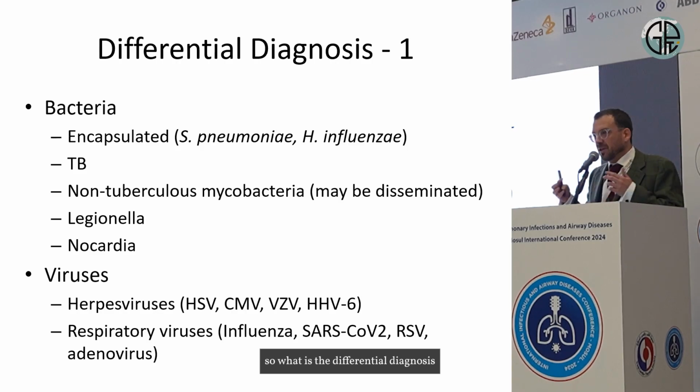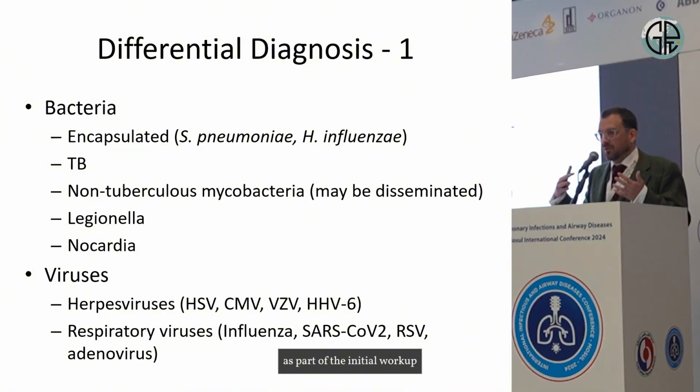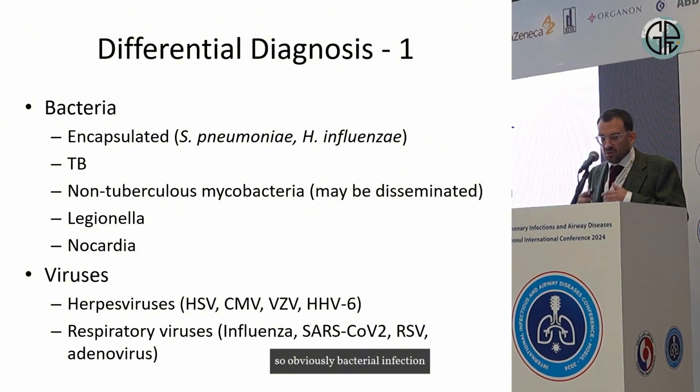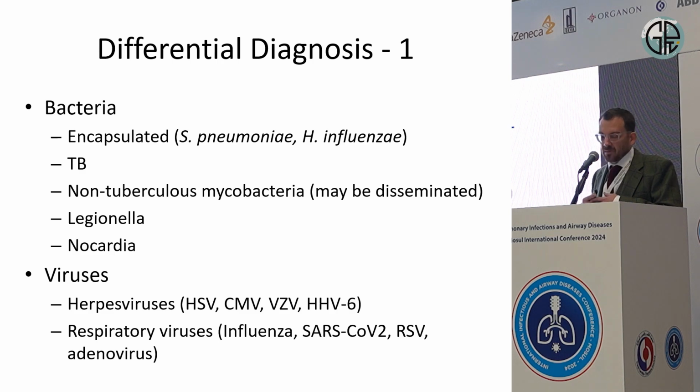So what is the differential diagnosis? This is not completely exhaustive, but this encompasses probably the most common things that we should consider as part of the initial workup for pneumonia in the immunocompromised patient. So obviously bacterial infection, particularly encapsulated bacteria that we see commonly as part of our day-to-day practice.